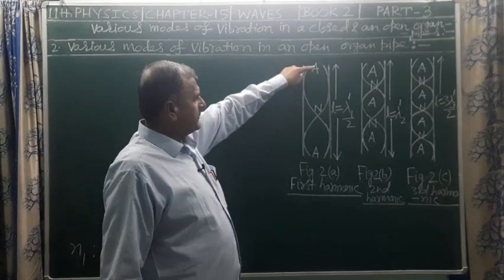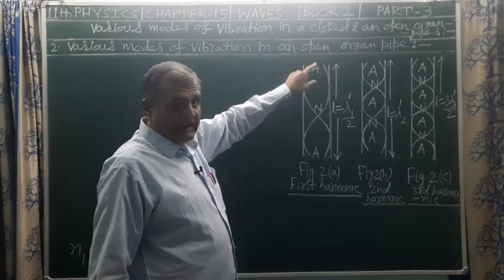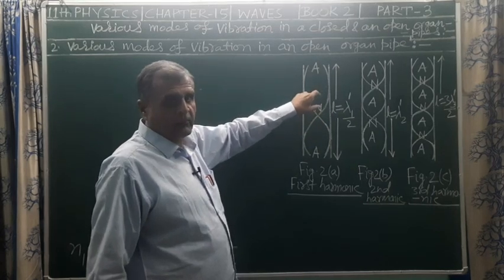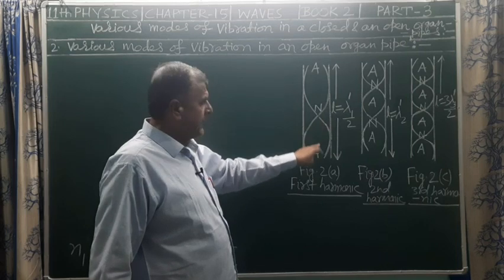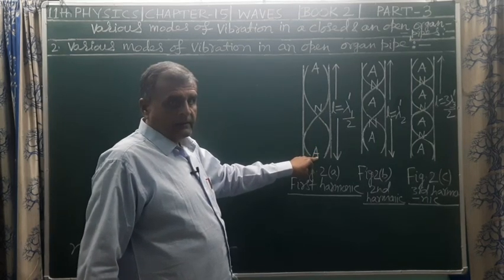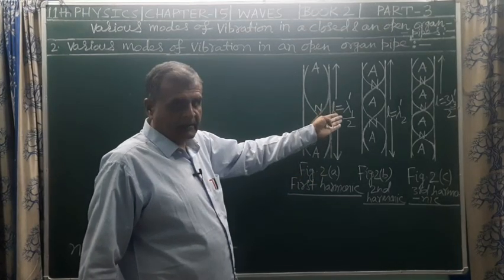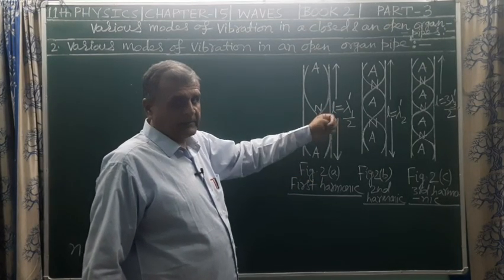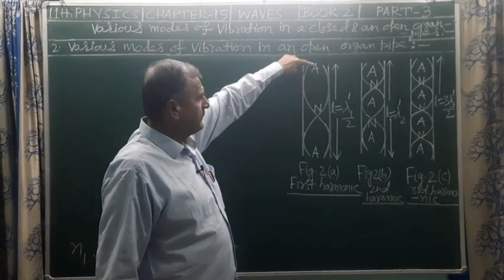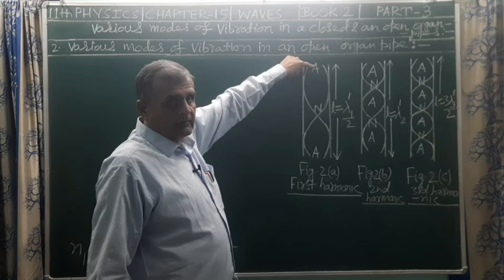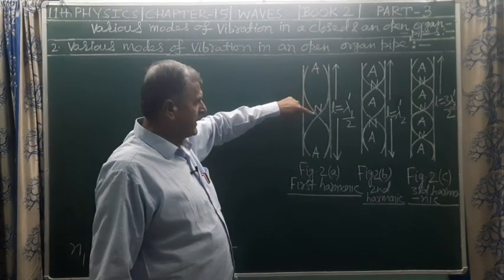We know that distance between an antinode and a node is lambda by 4, and again between a node and antinode is lambda by 4. So here in place of lambda we can write lambda 1 dash. So lambda 1 dash by 4 is the distance between the upper end of the open organ pipe where antinode is formed, and in the middle where node is formed.